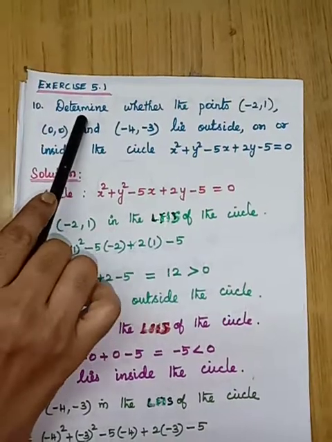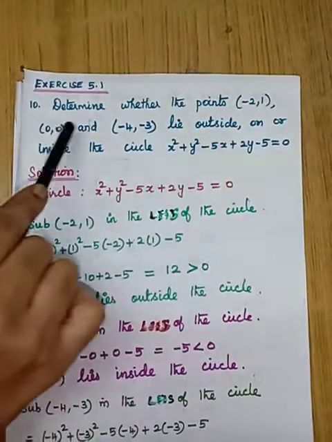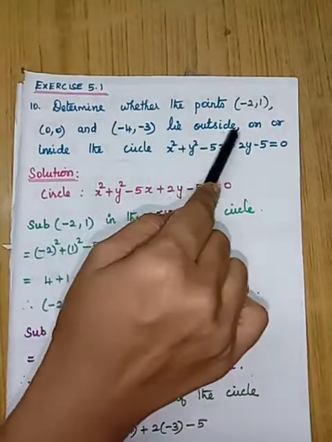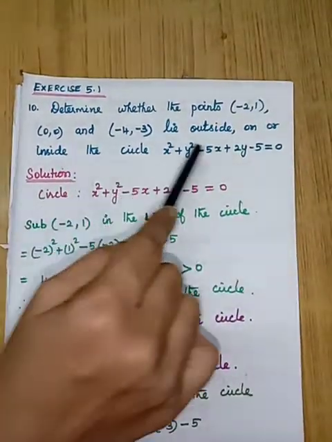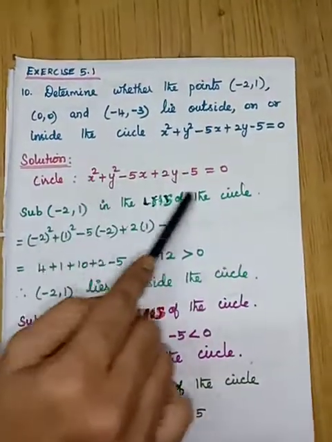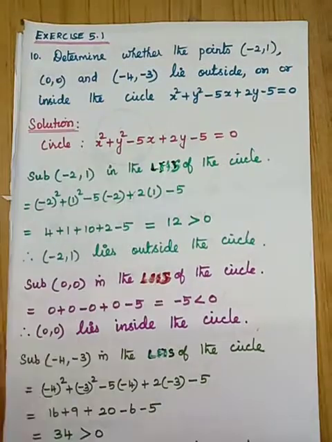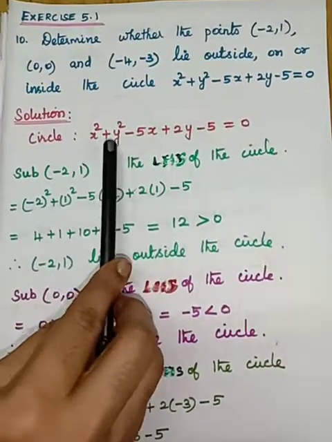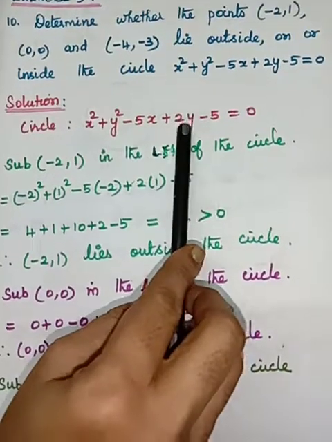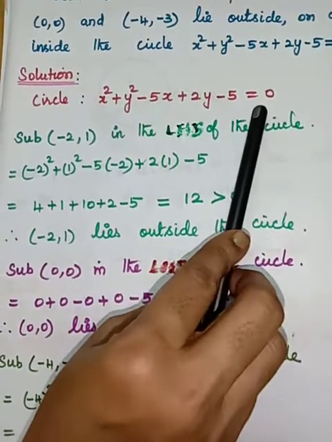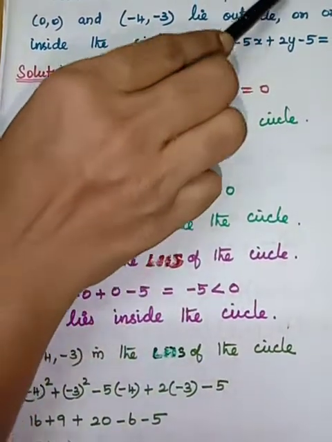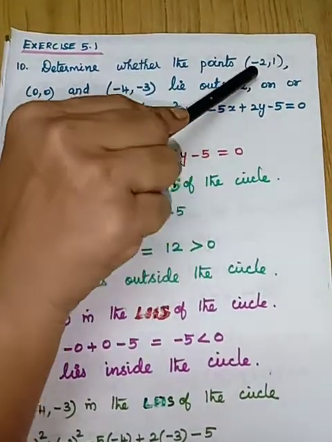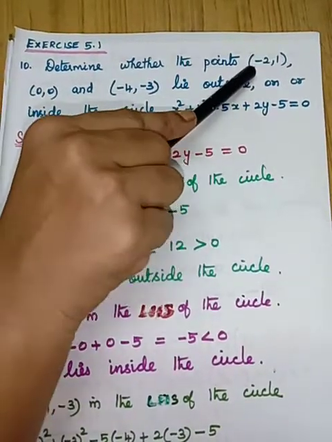Now Exercise 5.1, the 10th problem, is regarding this topic. Determine whether the three given points lie outside, on, or inside the circle. Take the circle equation x squared plus y squared minus 5x plus 2y minus 5 is equal to 0. We are going to check where each point is.